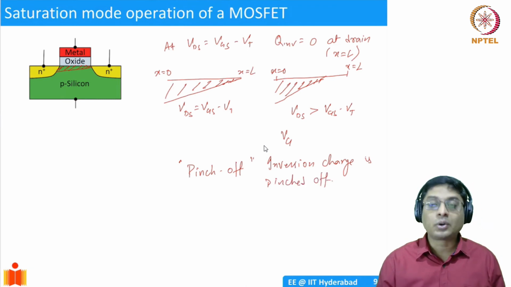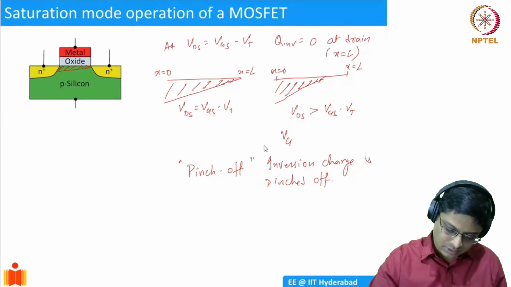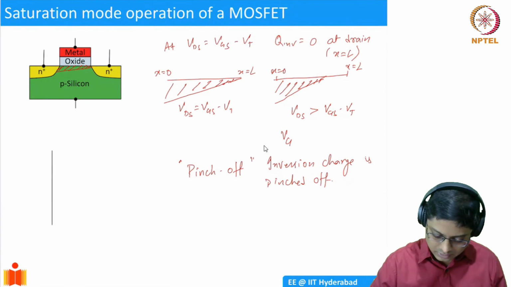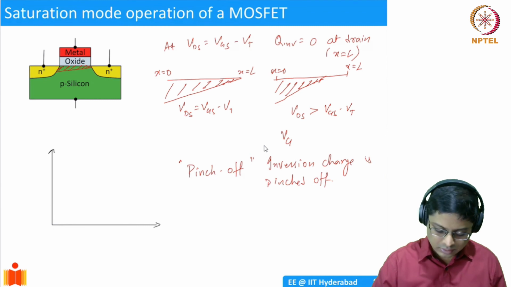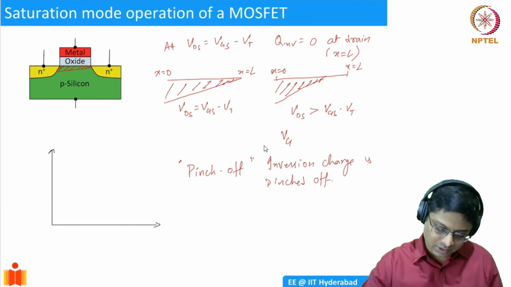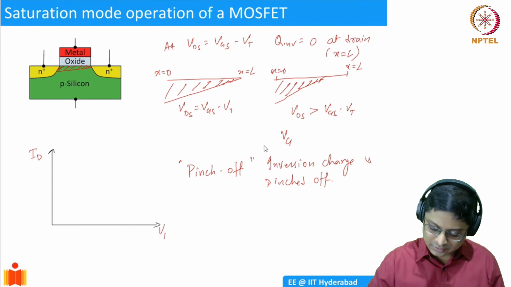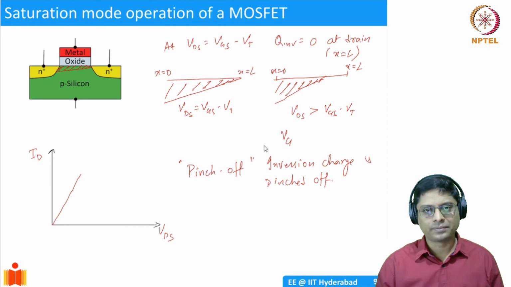Okay. So what happens when you have pinch off? Let's say initially we have seen in the IV characteristics, if you call this ID, this is VDS. There is an increase. There is a linear mode of operation.